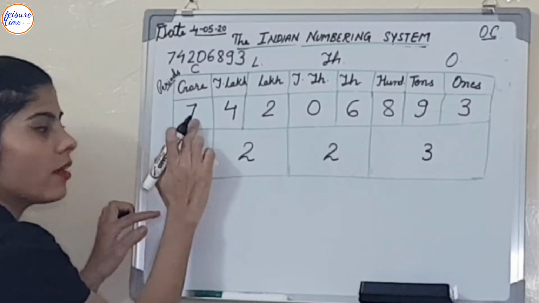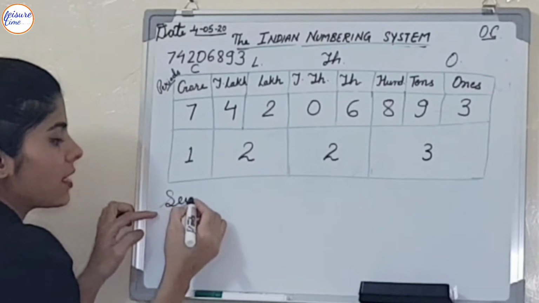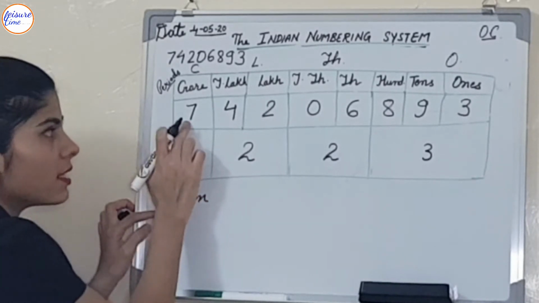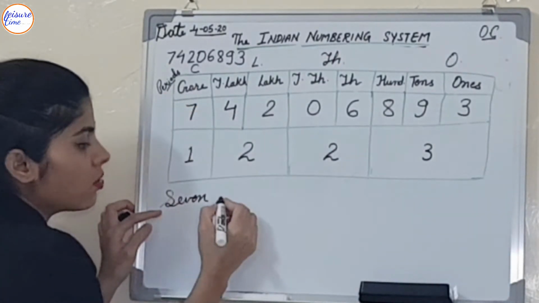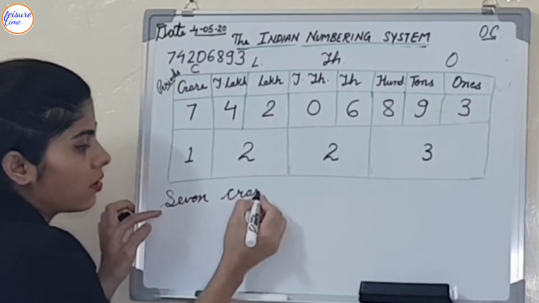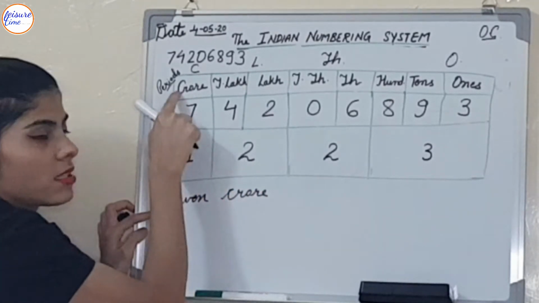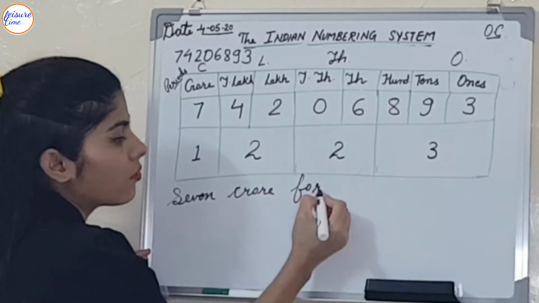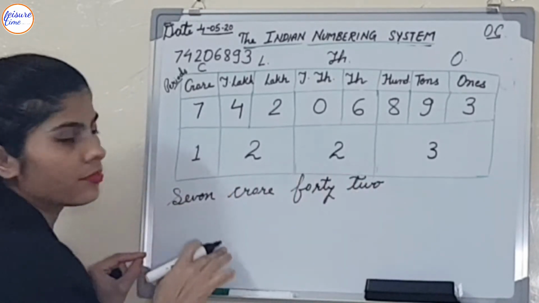What digit do you have in the crore place? 7. So we write 7. And 7 is in which place? Crore. So 7 crore. First the digit, and then the place. Now 42 means 40 plus 2.